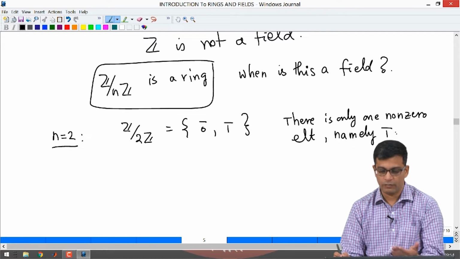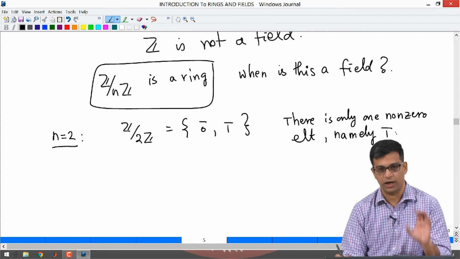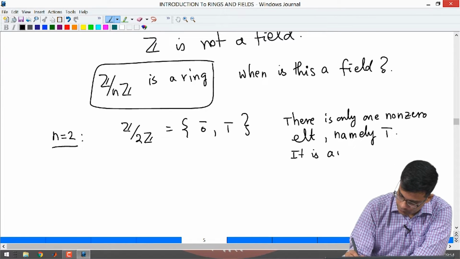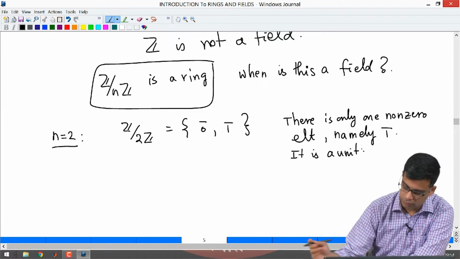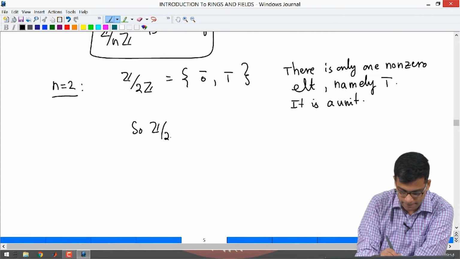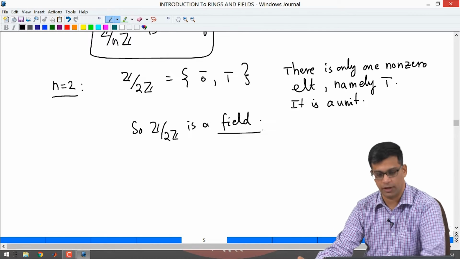Is it a unit? Of course it is, because 1 is a unit in any non-zero ring. 1 bar times 1 bar is 1 bar, so it is a unit. So, Z mod 2Z is a field, because every non-zero element is a unit.